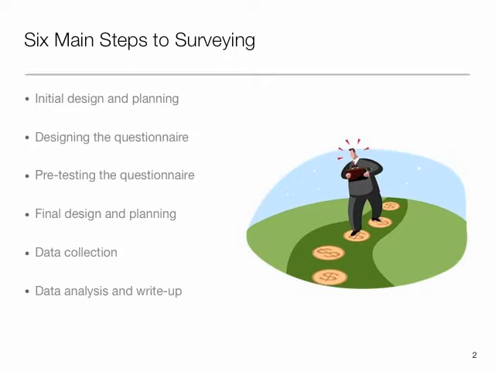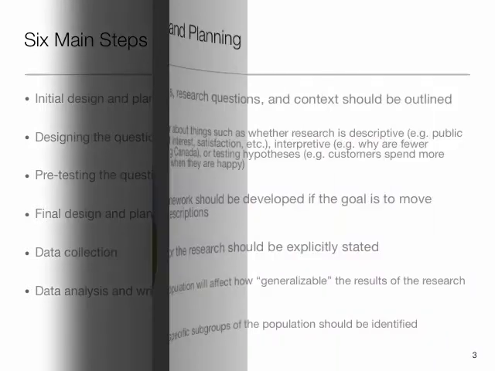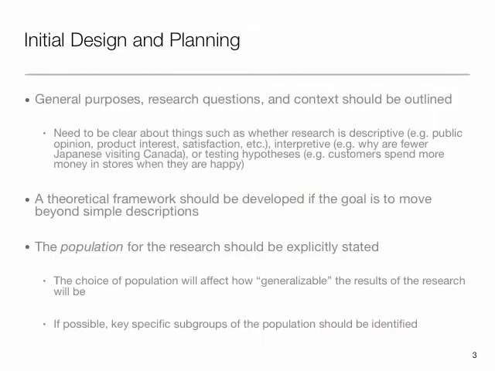Things like the initial design and planning, designing the actual questionnaire, pre-testing the questionnaire, final design and planning, data collection, and then the data analysis and write-up. And very important that you leave time for each one of these steps because they all have their purposes along the way.